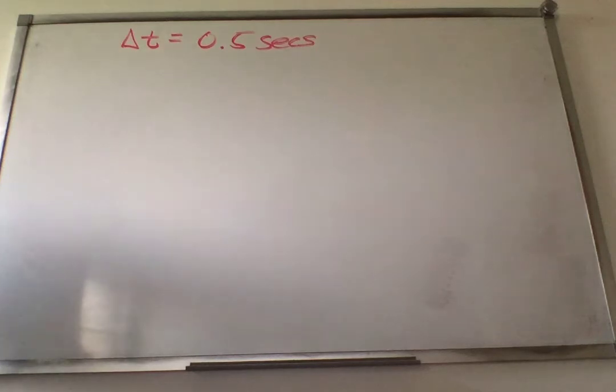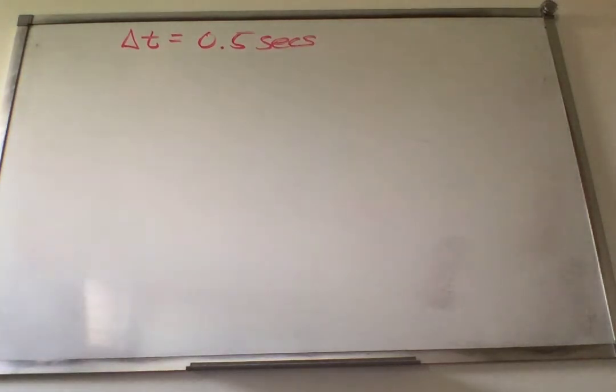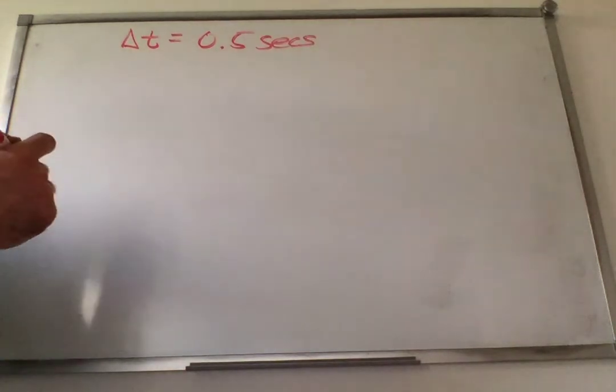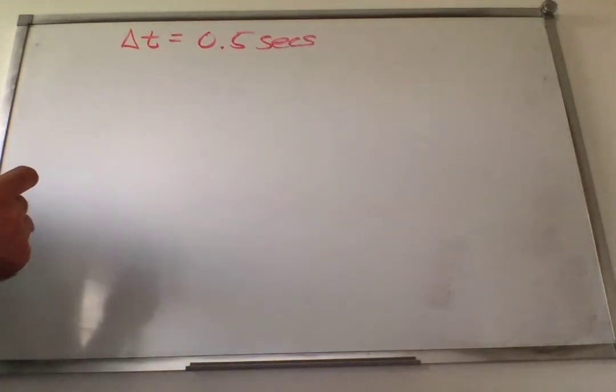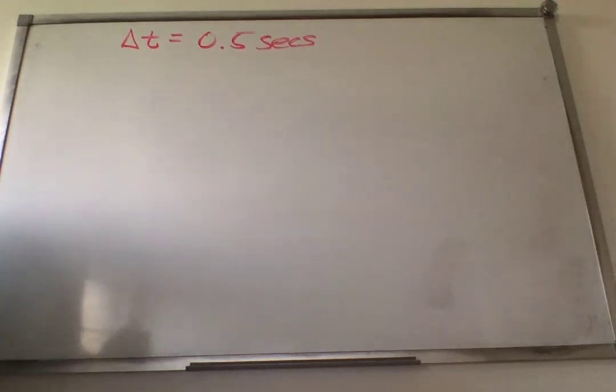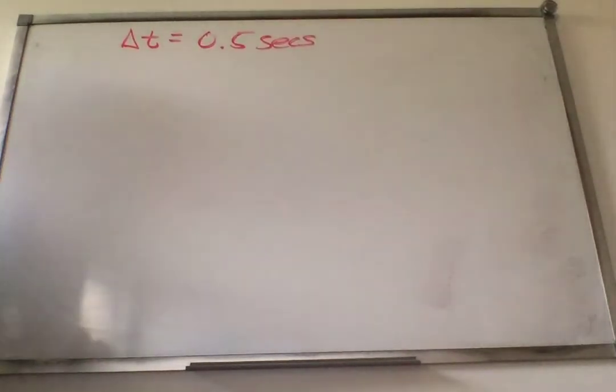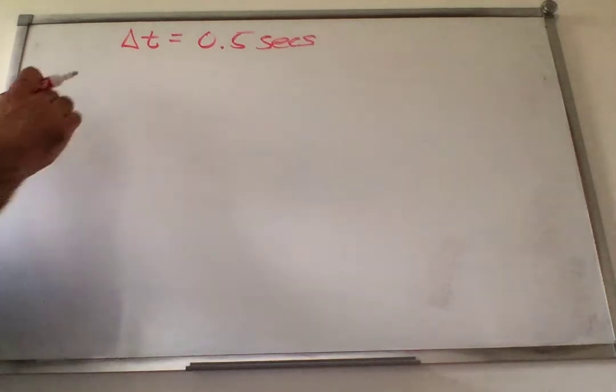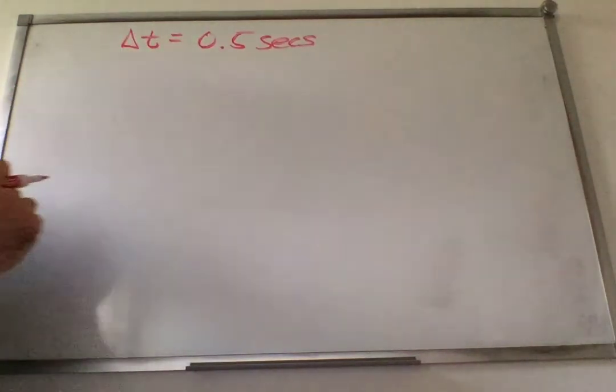So it gives you her velocity over these intervals, okay? Now, what they mean by find the lower and upper estimates for the distances is that it wants you to find a lower endpoint approximation and a right endpoint approximation, okay? And once you do that, you'll be able to see which one is the lower estimate and which one is the upper estimate. So our delta t is 0.5 seconds.